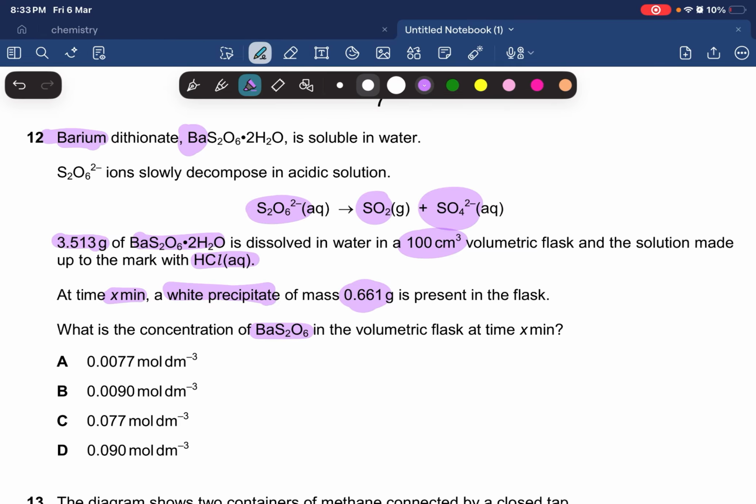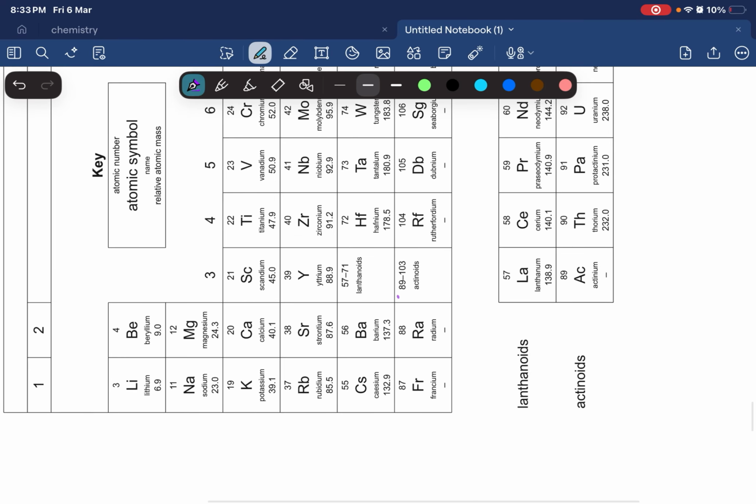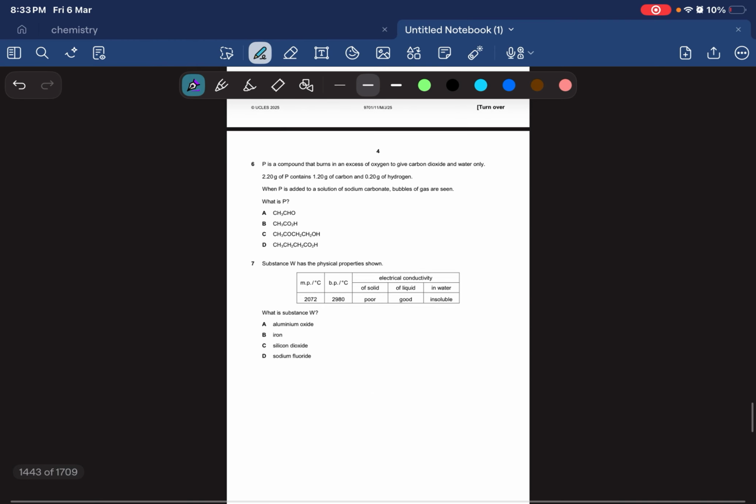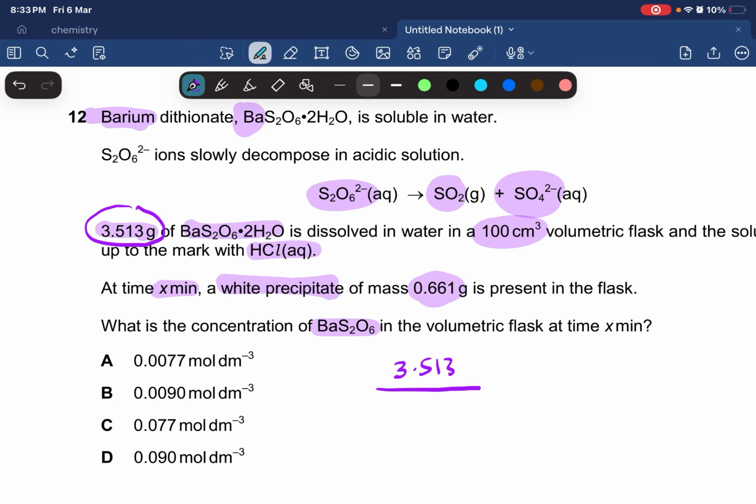Okay, so first we got to realize the initial moles. I know this might seem a little tricky, a little brain teaser question, but you just have to find the moles of BaS2O6.2H2O. So the moles are going to be 3.513, which is the mass, upon the MR. For that, we need the MR. For barium, it's 137.3. For sulfur, it's 32 plus 32 plus 32.